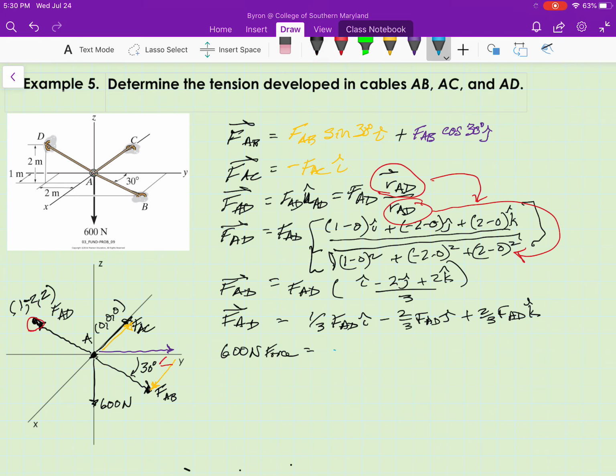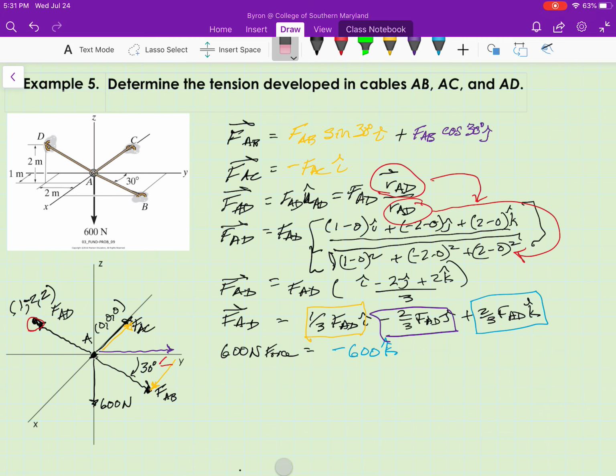This is just going to be minus 600 K. And then go back up here to FAD. I meant to switch over colors. The K is blue. J is purple. And I is orange. Okay, so that's the second step.